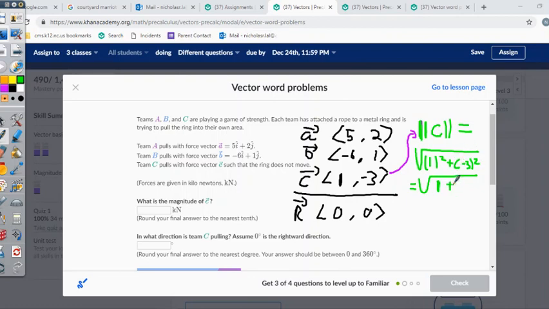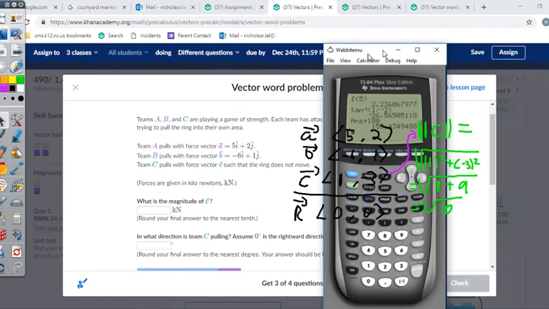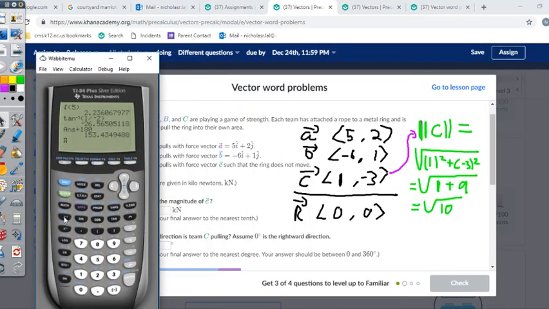So 1 plus 9 is equal to the square root of 10. So find our value to the nearest tenth. The square root of 10 is equal to 3.16, so that should round up to 3.2.